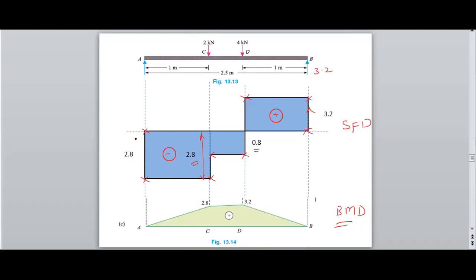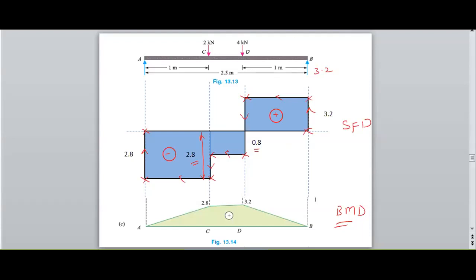So using these points, I need to join them, with vertical and horizontal lines, to get the shear force diagram under the beam.